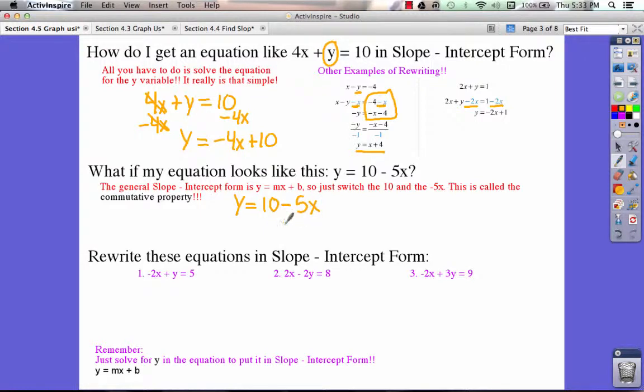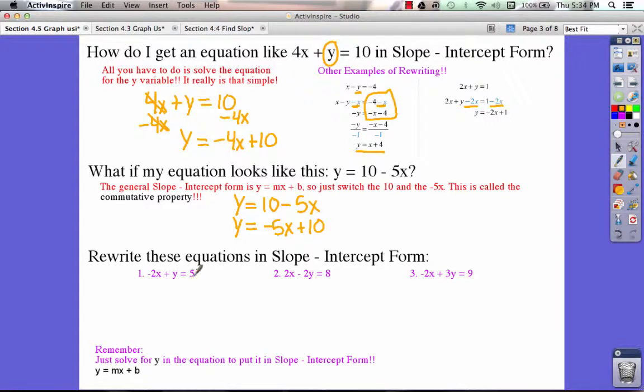Well, with addition or subtraction, you can take both of these and just flip them. Y equals negative 5x plus 10. The reason for that is it doesn't matter if you take 7 plus 3 or 3 plus 7, you still get 10.